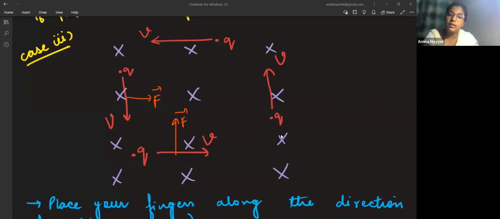Can you say again, the up one or the right hand one? See, when the velocity is going up, you keep your hand up and curl your fingers towards the magnetic field. The magnetic field is inwards, so the curl is inwards, and the force goes directly leftwards.